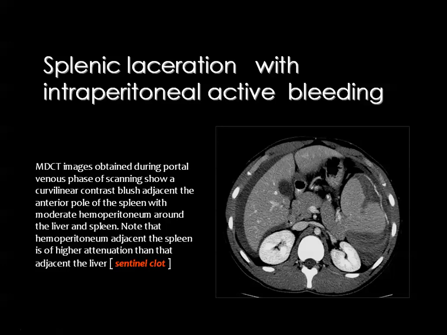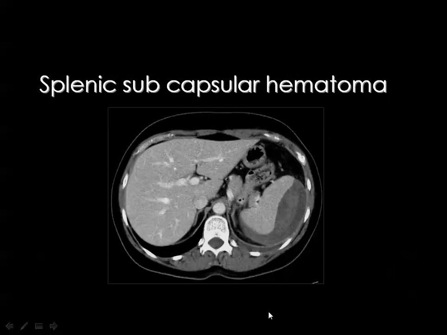And this is also an example of splenic laceration with sentinel clot sign, where you can see the hyperdense fluid which is adjacent to the bleeder, and the relatively hypodense fluid which is adjacent to the liver. This is splenic laceration with hemoperitoneum.